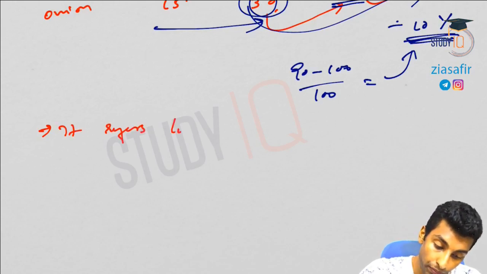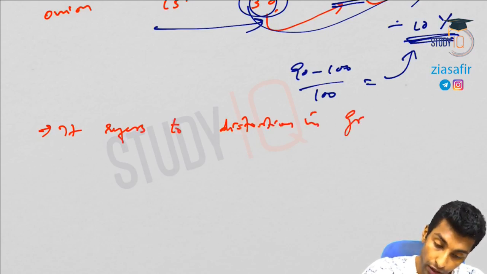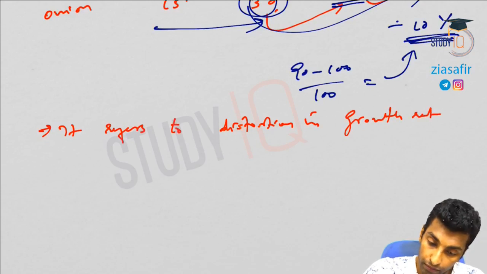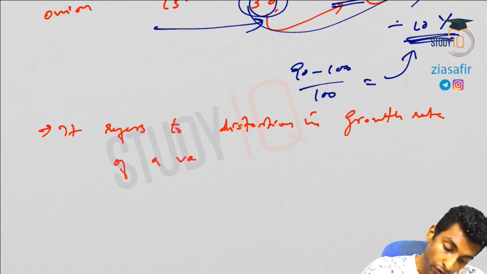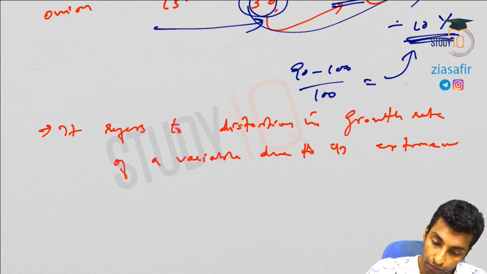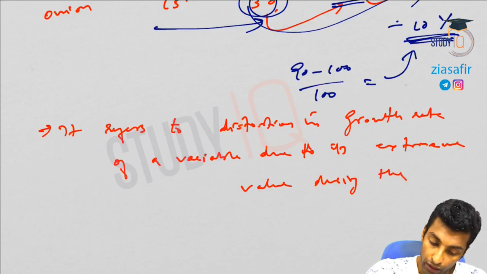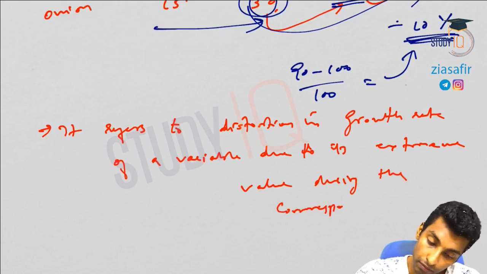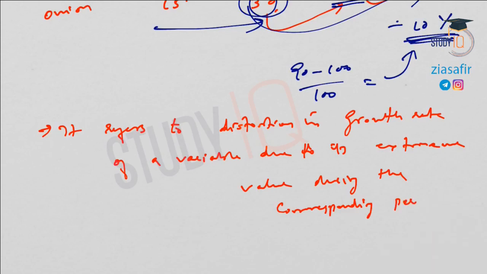It refers to distortion in the growth rate of a variable due to its extreme value during the corresponding period of the previous year. So that's what base effect is.